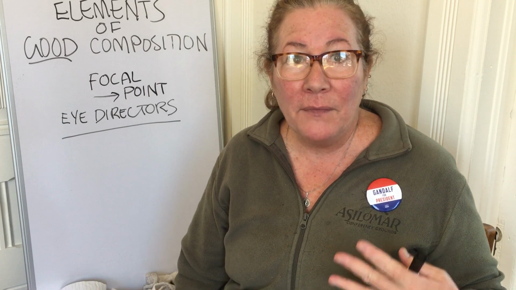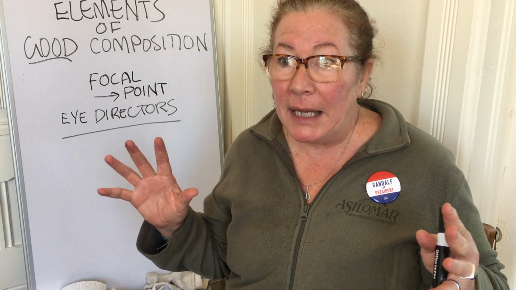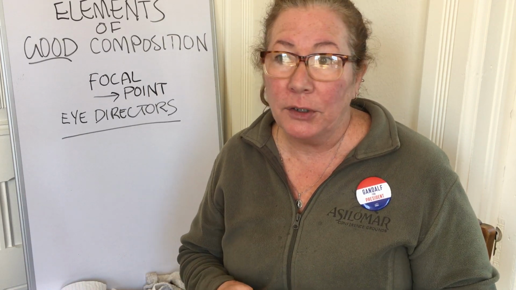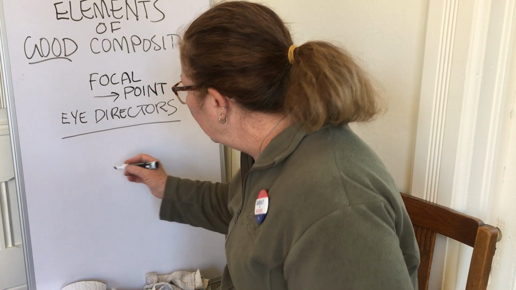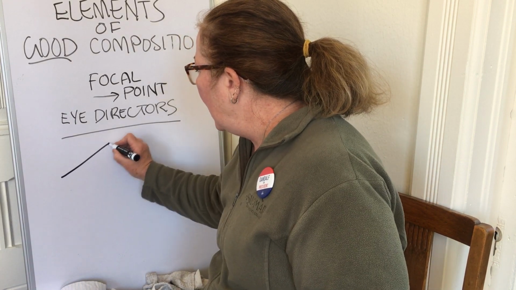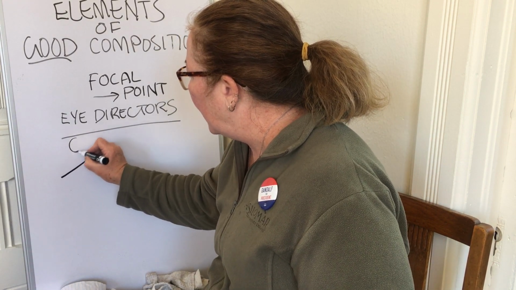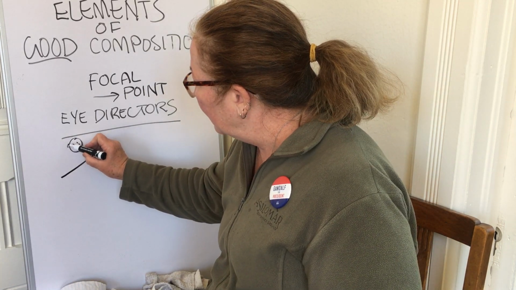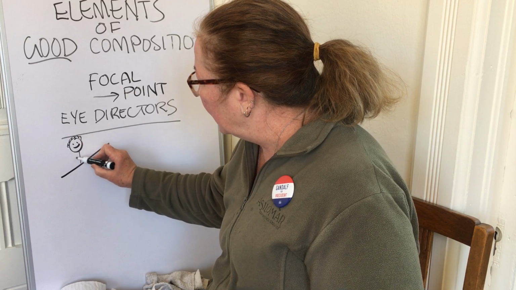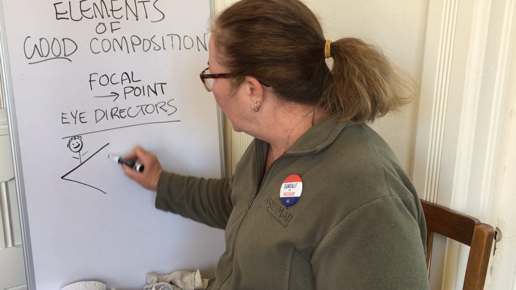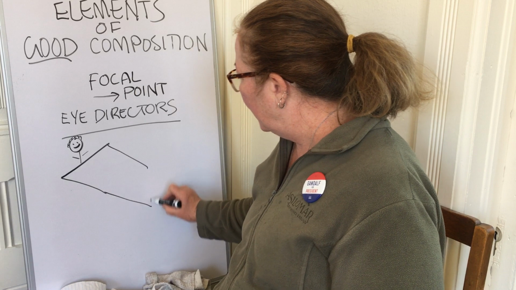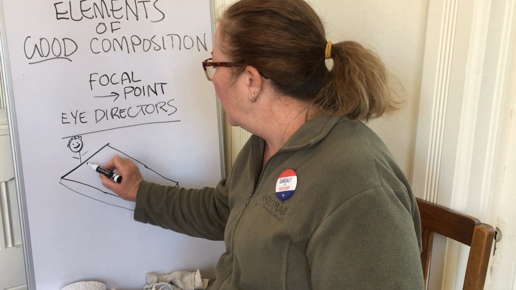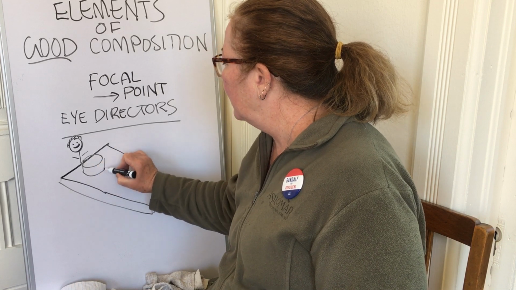So one of the clues in your photograph could be just where people are looking, right? That could be an eye director. For instance, if I was taking a photo of my grandma, and it's my grandma's 100th birthday, right? She's pretty happy to live to be 100, and she's at the table, and a lot of different people are at the table with her, and they're bringing the cake out, right?